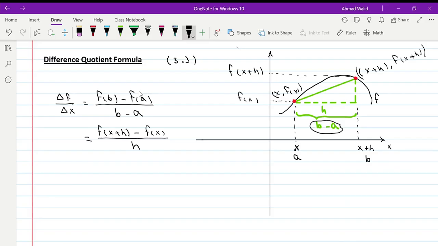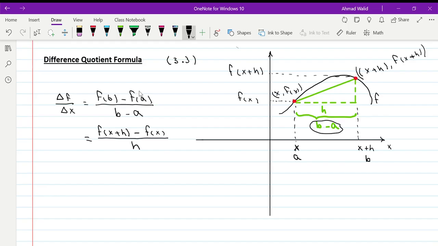What's the difference quotient formula? Actually, this is the formula that in calculus, if I take the limit of this formula as h approaches 0, it will give you the instantaneous rate of change. But not now. Right now, we just know it as the difference quotient formula.